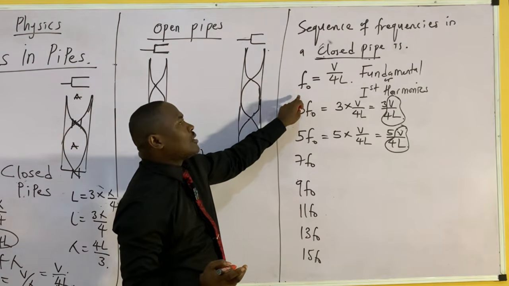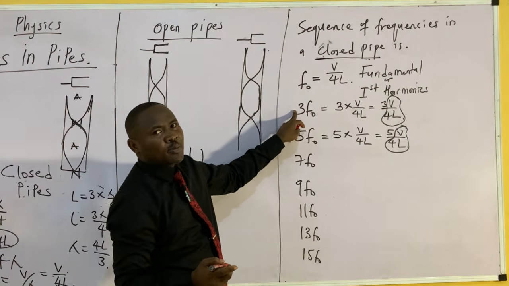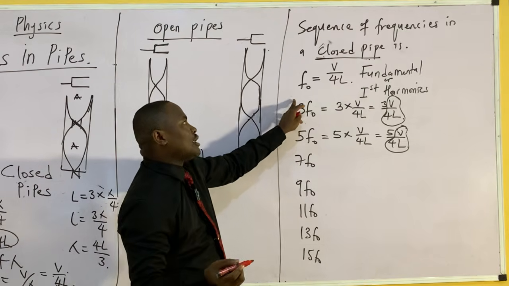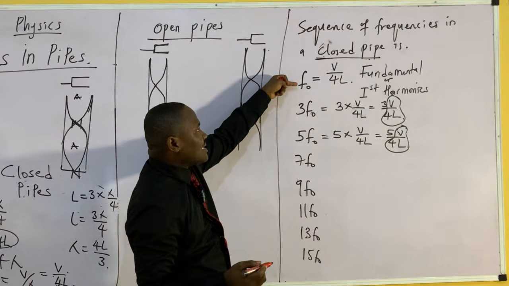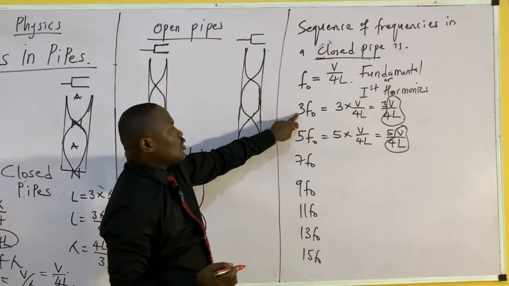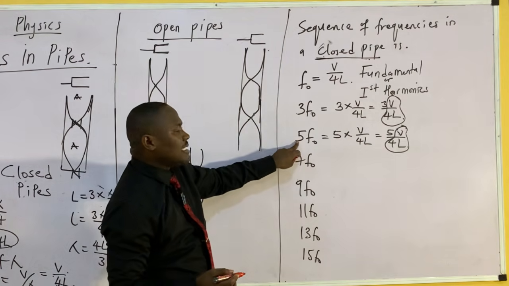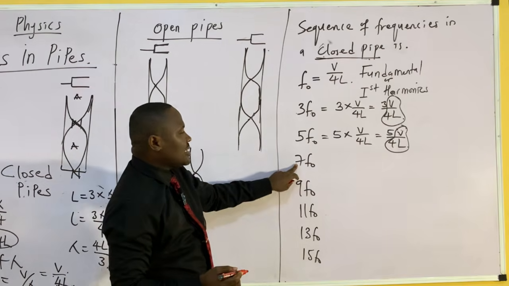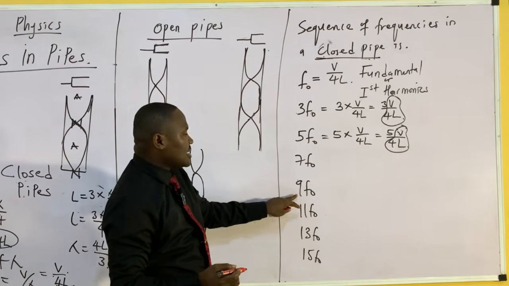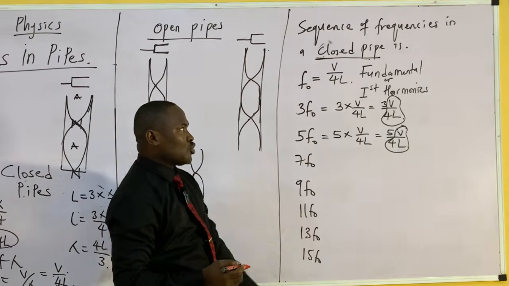There is no second harmonics in a closed pipe. If there was a second harmonics, you'd be saying 2F naught. So this is the first harmonics, this is the third harmonics, the fifth harmonics, the seventh harmonics, the ninth harmonics, and so on.